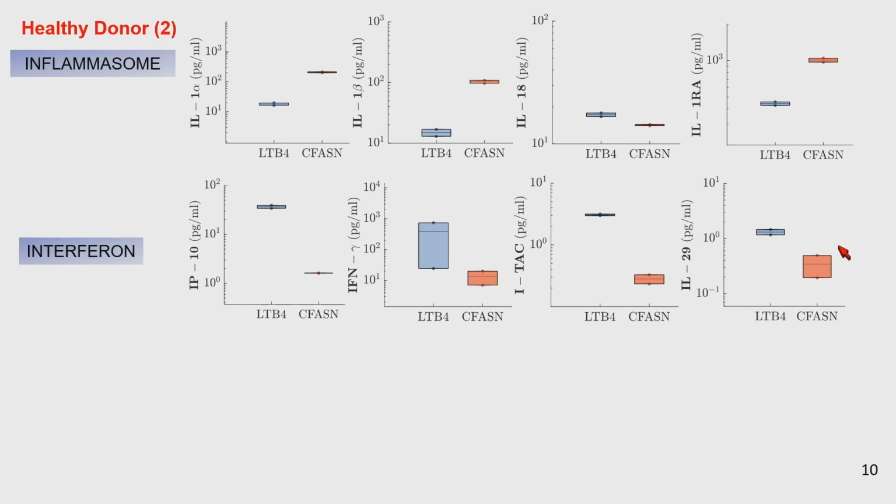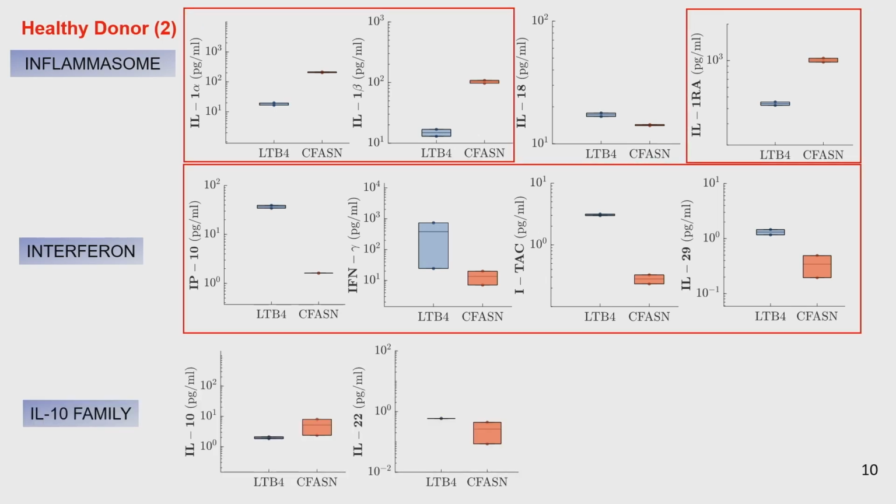A study published from our group a few years ago suggests a feed-forward inflammasome signaling by some of the extracellular vesicles that are present in the CFASN. And we have recruited, transmigrated these neutrophils towards CFASN. So that kind of made sense.